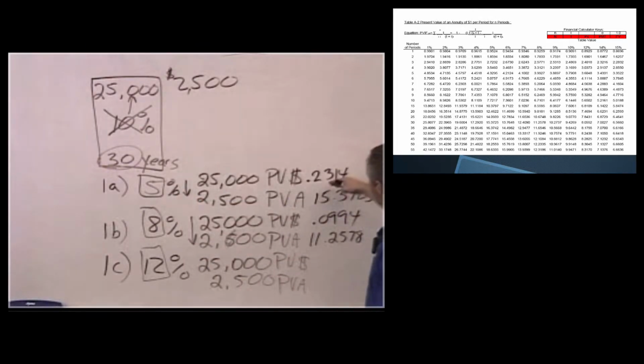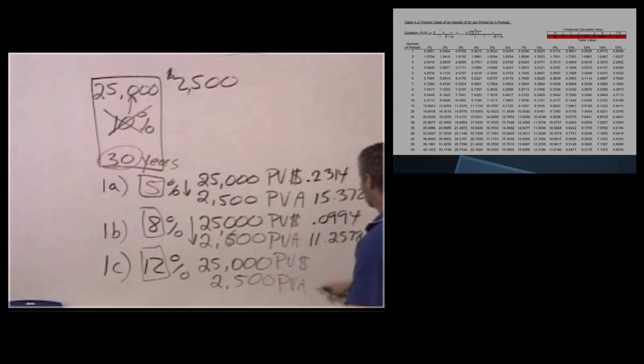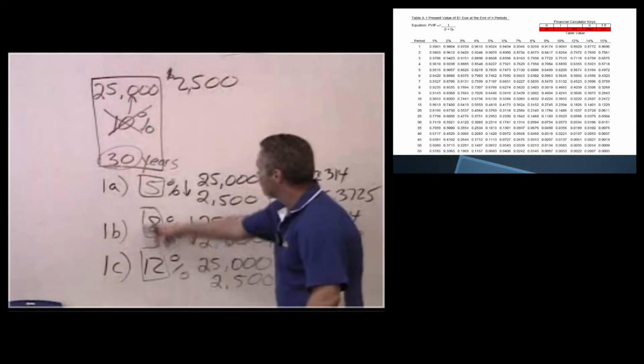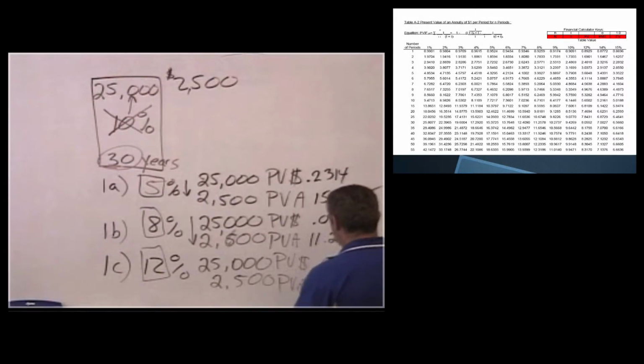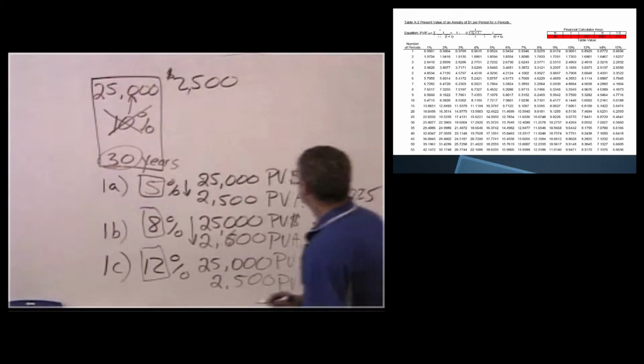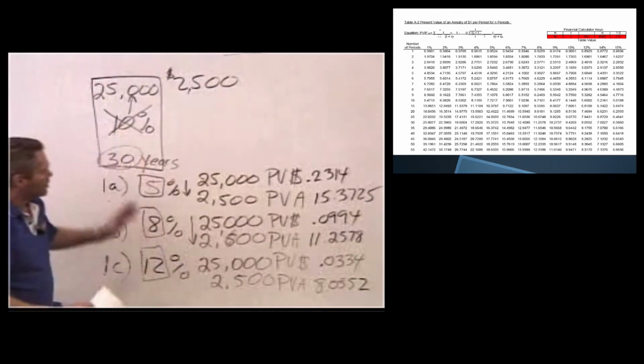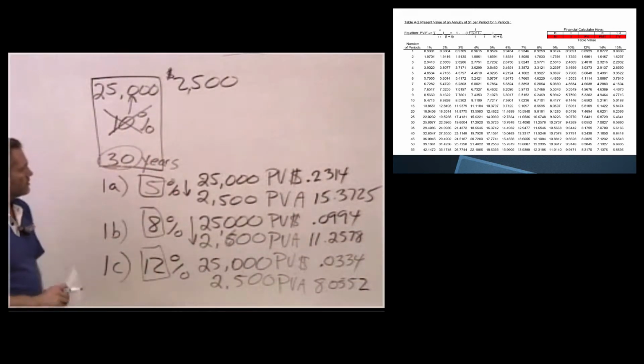Our multipliers here are going down, which is going to create a lower value when we multiply these across. The last one here, present value of $1, K equals 12, N equals 30, gets us a factor of 0.0334, and our present value of an annuity factor is 8.0552. Then we're going to multiply these across.